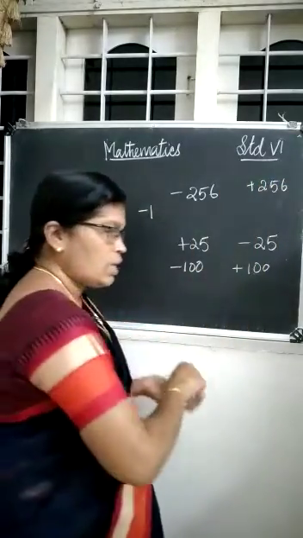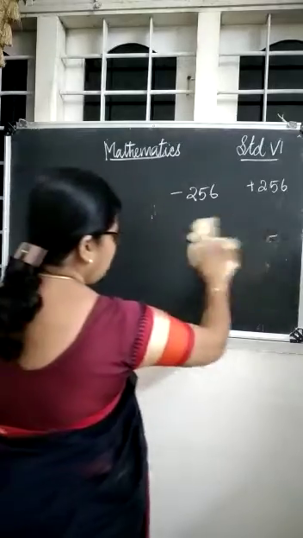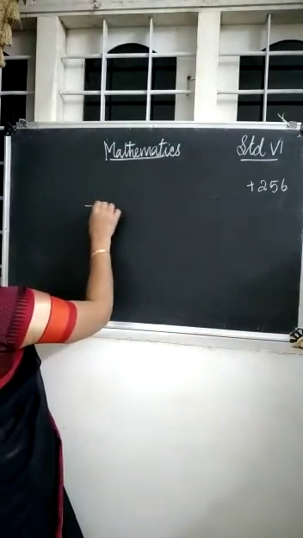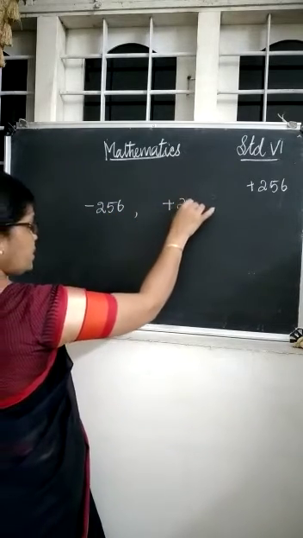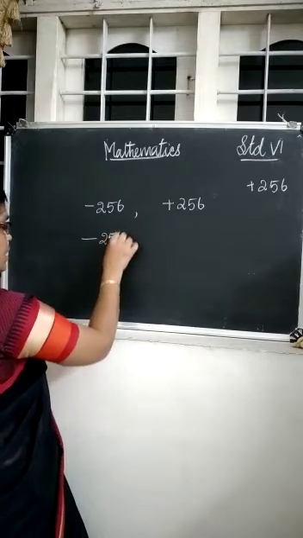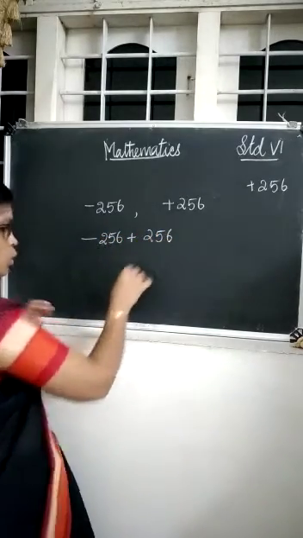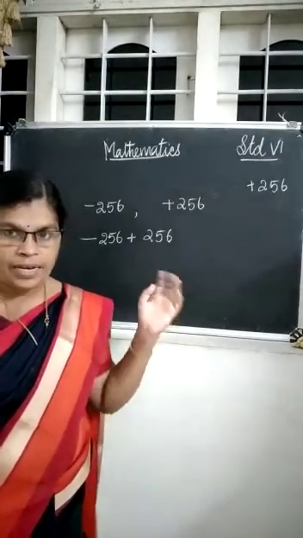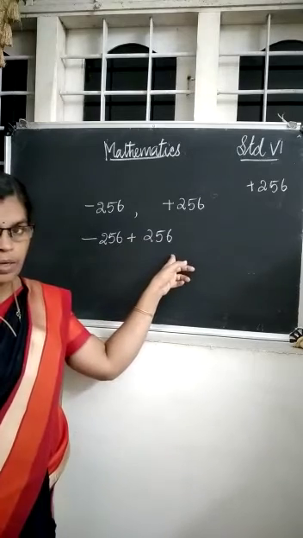Because if we add a number and its inverse, we get... See, the inverse of minus 256 is positive 256. If we add these two, minus 256 plus 256, we get... In the last class we studied the rule of addition, that is, we have to add a negative number and a positive number, right?